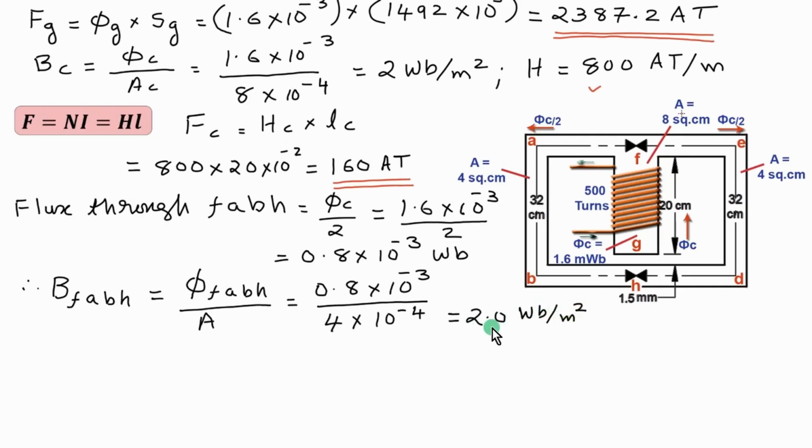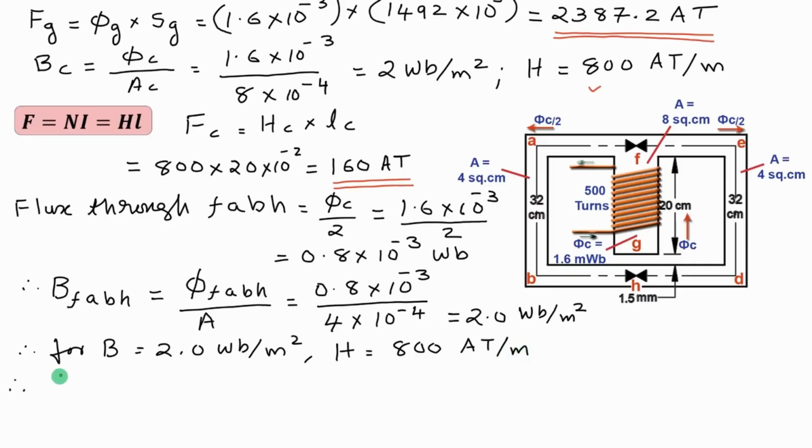It is given that for a flux density of 2 Weber per meter square, magnetizing force H is equal to 800 ampere turns per meter. Therefore, for B is equal to 2.0 Weber per meter square, H is equal to 800 ampere turns per meter.